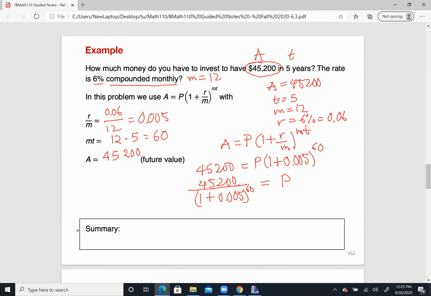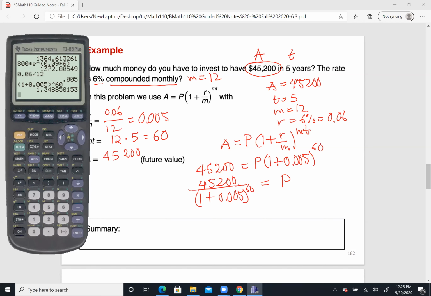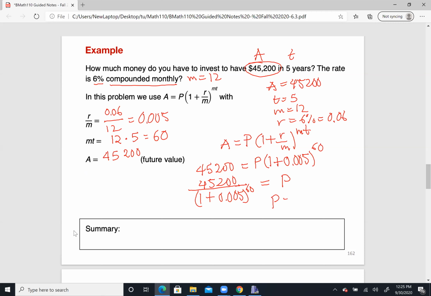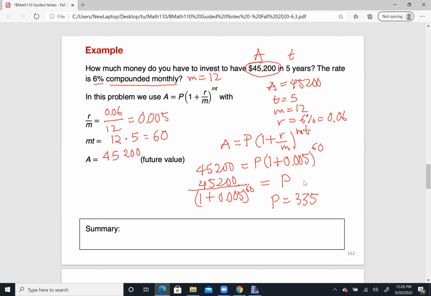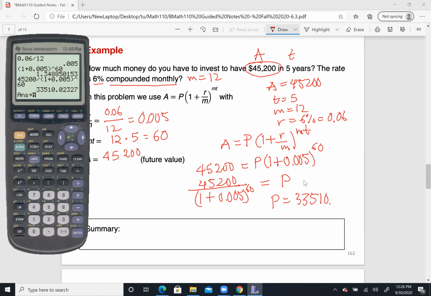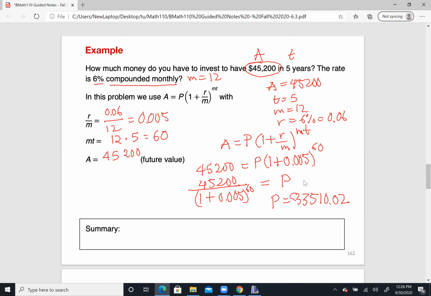So now if you use a calculator, I will use 45,200 divided by parentheses 1 plus 0.005 to the power 60, and P is equal to 33,510.02 dollars.